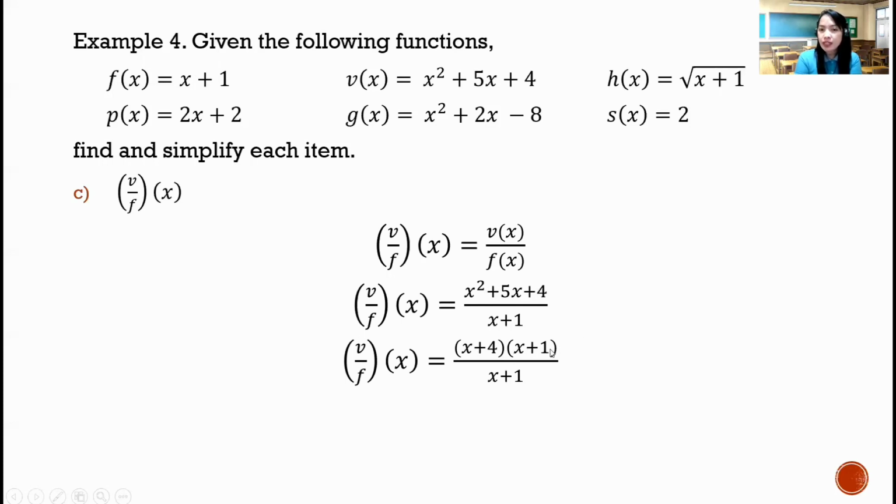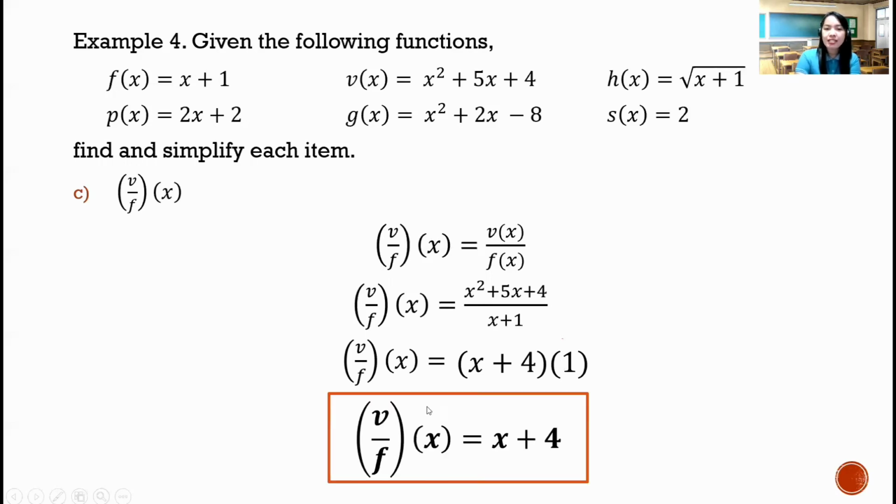Kung mapapansin ninyo, pareho yung factor sa dividend na x plus 1 and sa divisor x plus 1. So, pwede natin siyang i-divide. So, that would be x plus 1 divided by x plus 1, that is 1. And then, do not forget na may natira pang x plus 4, so that will be multiplied to 1. Final answer here is v divided by f of x, that is equal to x plus 4.